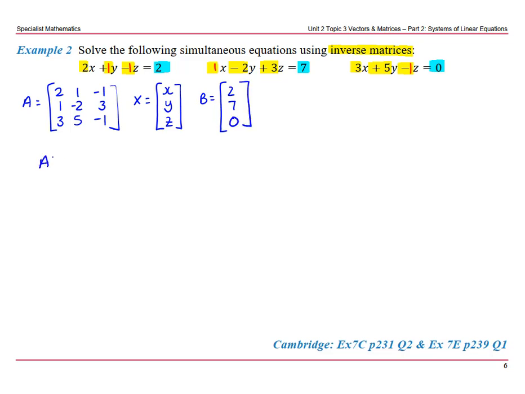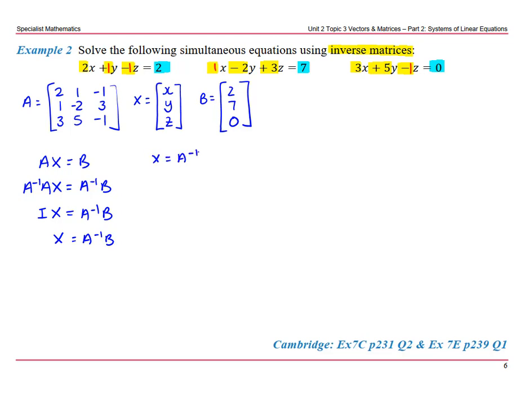Write out what we're doing. AX equals B. We're going to need to pre-multiply. Inverse of A times X equals the inverse of A times B. IX equals the inverse of A times B. So X equals the inverse of A times B. Now let's work that out.